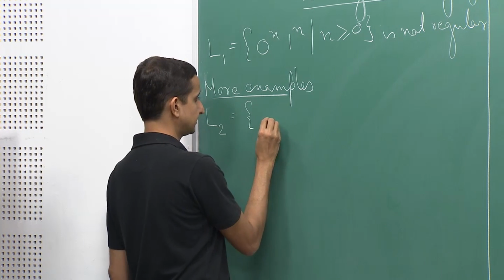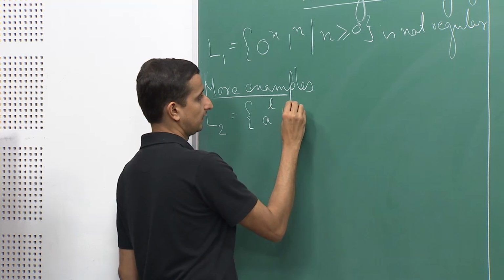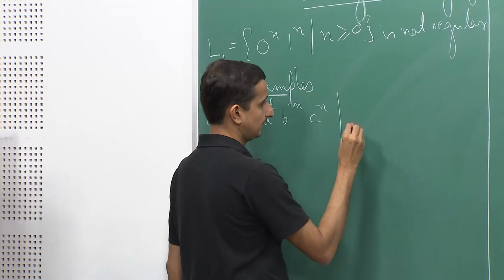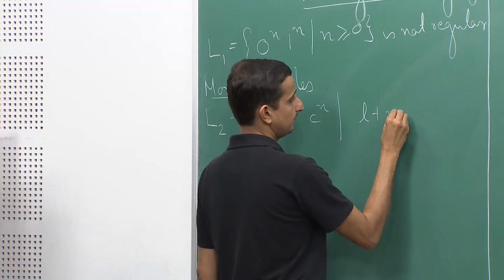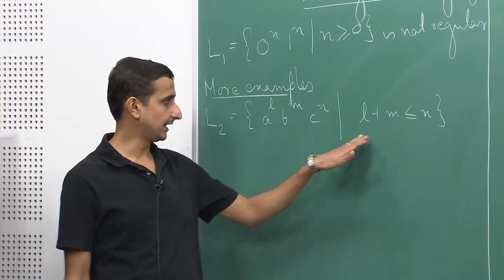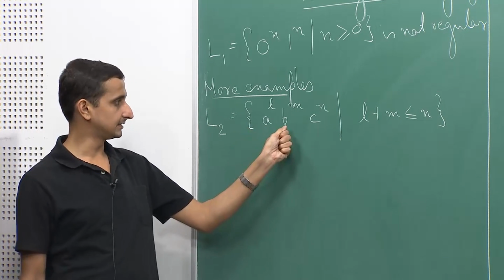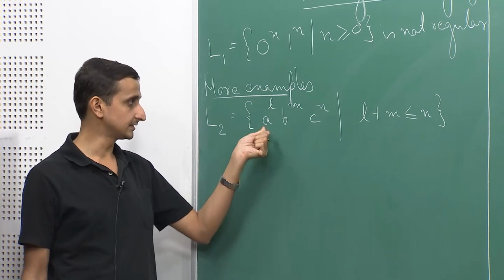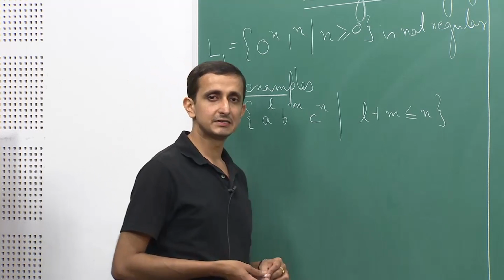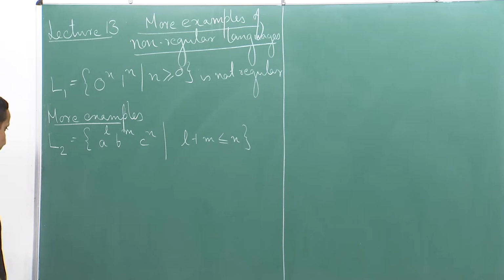We will look at all strings of the form a to the power l, b to the power m and c to the power n, such that l plus m is less than or equal to n. Here l, m, n are non-negative integers, and l plus m, the number of a's plus the number of b's, is at most the number of c's. The claim is that this is also a non-regular language, and let us try to prove this using the pumping lemma.